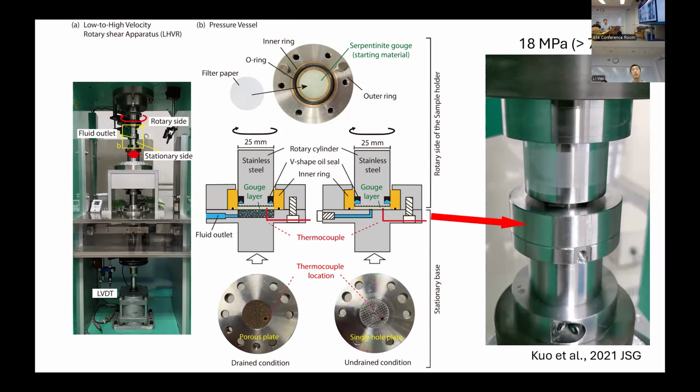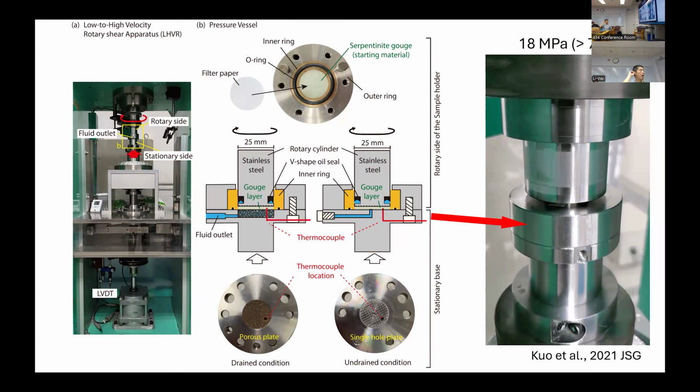I tried to increase normal stress to mimic the real faulting process. So this is the design I have. I try to make gouge shear under high normal stress, and at the same time I also allow fluid to drain out or not drain out during the experiment, because water can play a very important role in frictional behavior.